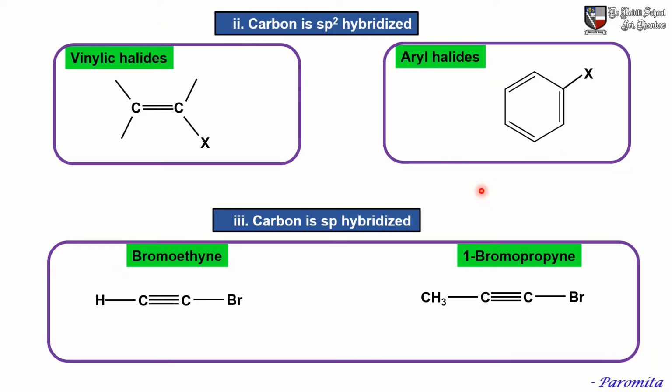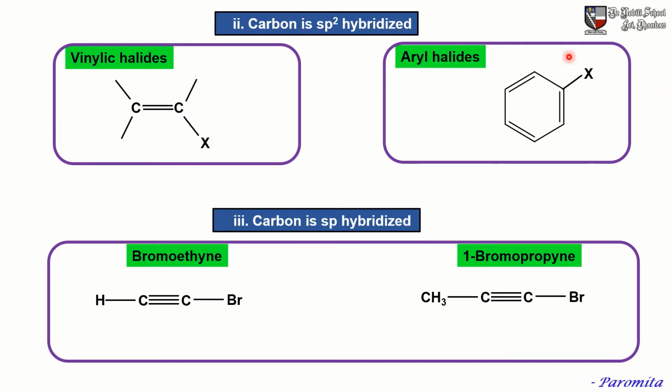Now we will discuss those halogen compounds where carbon is sp2 hybridized. Which carbon? The carbon attached to the halogen. Our first example is vinylic halides. In vinylic halides, the halogen is directly attached to a carbon-carbon double bond carbon.